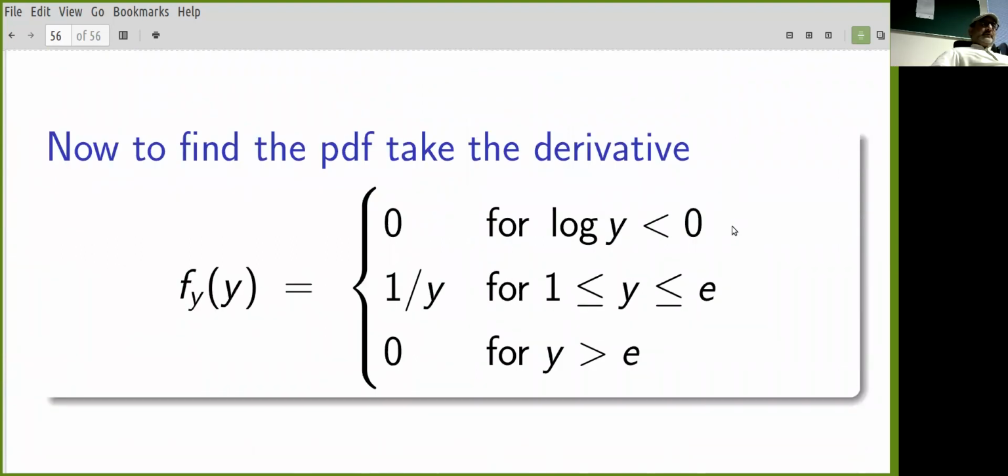Okay. So for the continuous case, there are two ways that you can think of doing the problem.